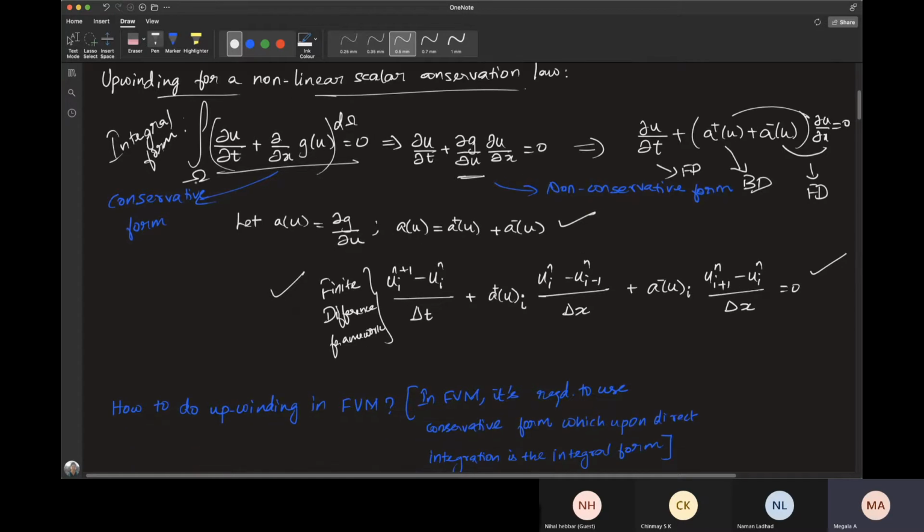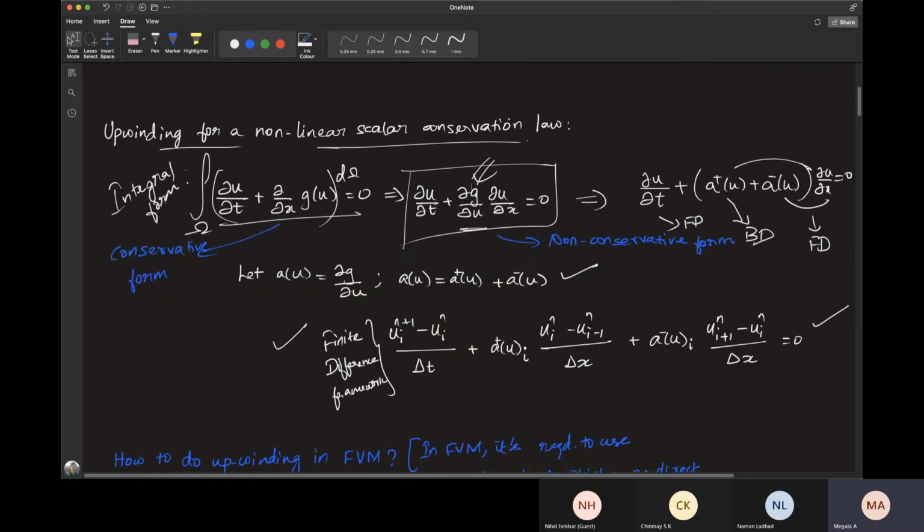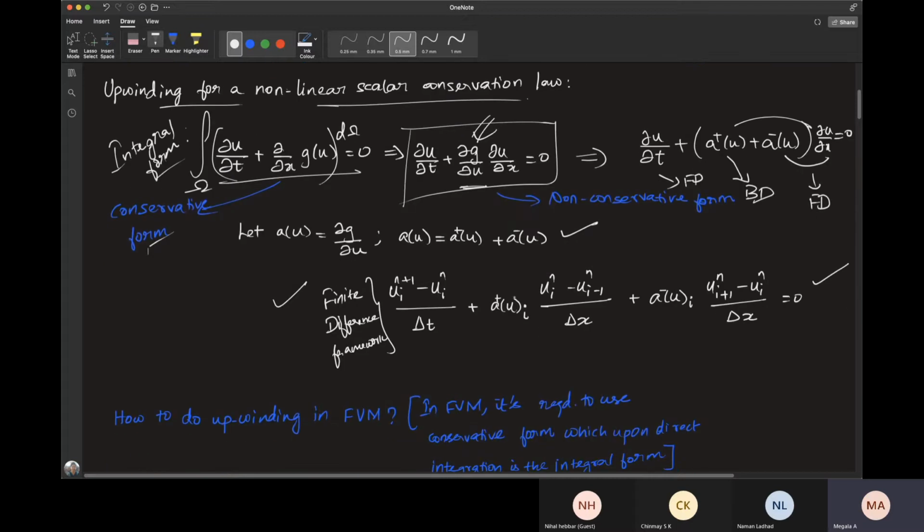So it's okay to start with either the integral form or the conservative form in the finite volume framework. But we cannot just start with the non-conservative form, because here we are inherently making the assumption that dou g by dou u exists. So we need to start with either the integral form or the conservative form.